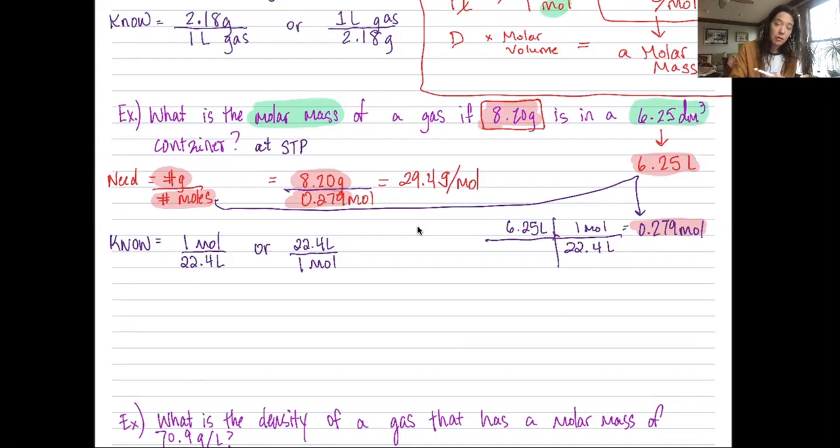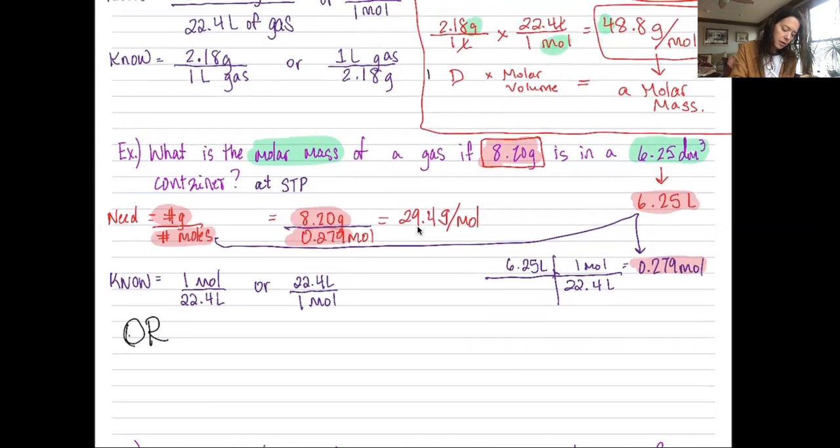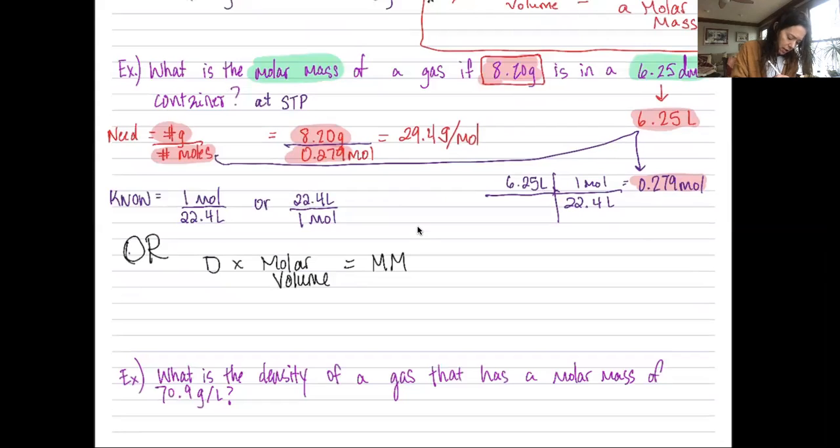I could have done this another way. It asked for my molar mass. Right up here, we said that the density times the molar volume equals the molar mass. Well, the density is found by taking the grams and dividing it by the liters, and multiplying it by the molar volume.